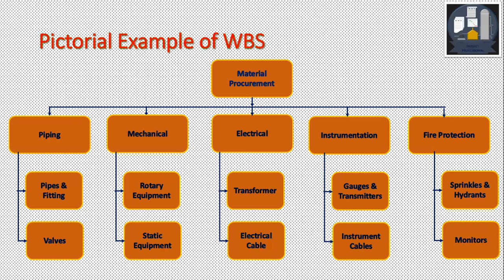Under the instrumentation, we may have the gauges, transmitters, instrument cables, and so on and so forth. There may be more. So these are the examples. Under the fire protection, we may have like the sprinklers, fire hydrants, monitors, etc.